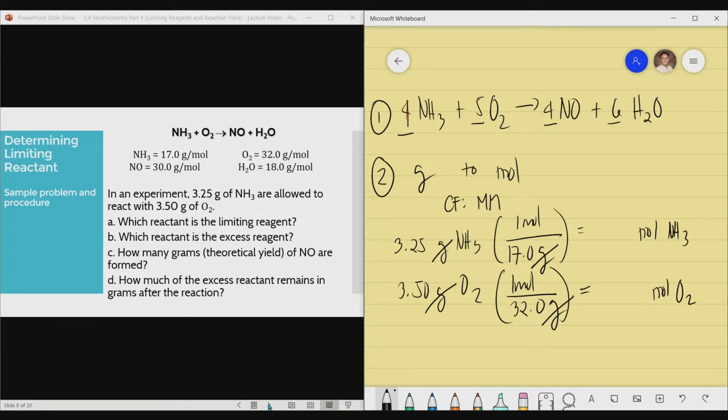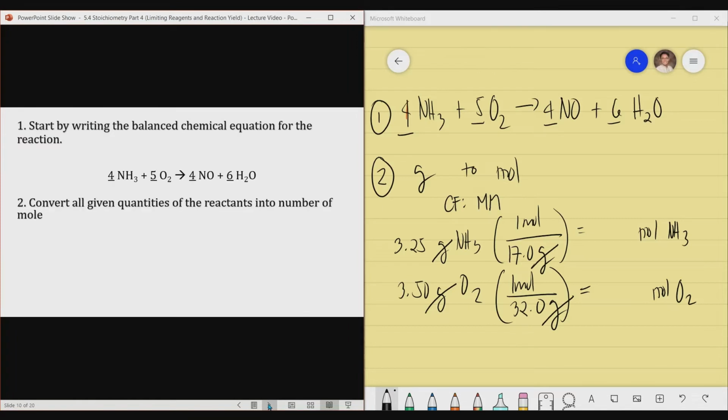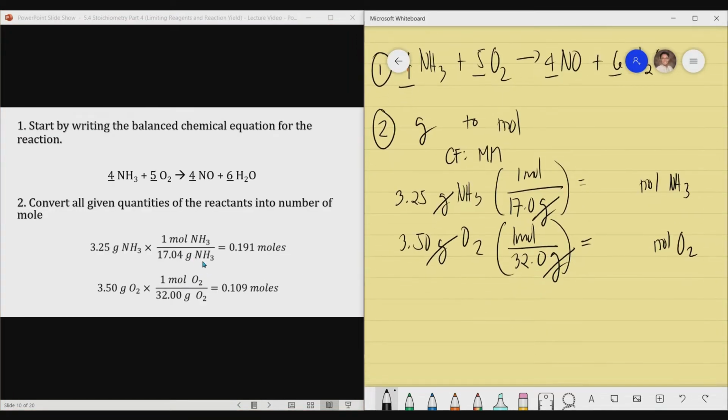Input them in your calculator, and you shall have this answer. So let me just copy the answer, 0.191 and then 0.109. So that's step number 2, converting the given grams into mole unit.